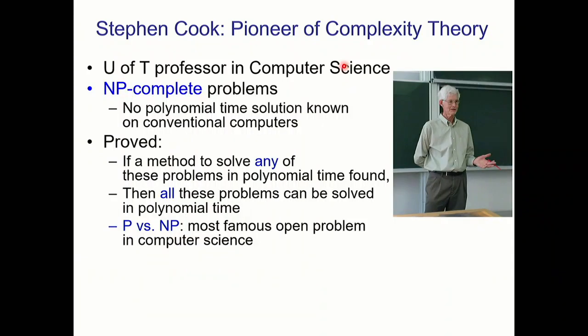However, as I said, no one has been able to mathematically prove that there is no solution that exists to solve these problems in polynomial time. But no one was able to find a solution. So there is this debate of P versus NP. If you can prove that one of these problems can be solved in polynomial time, then P equals NP, and you're going to probably be very rich because you're going to be very famous that you've been able to prove it.